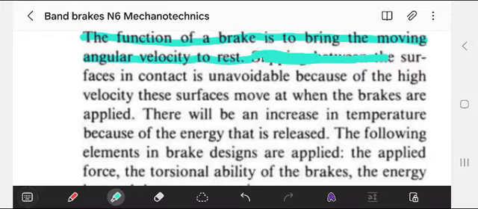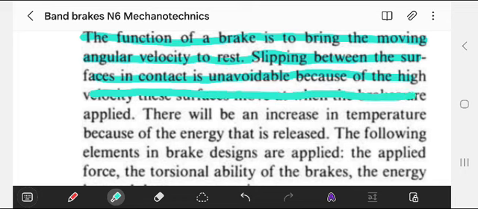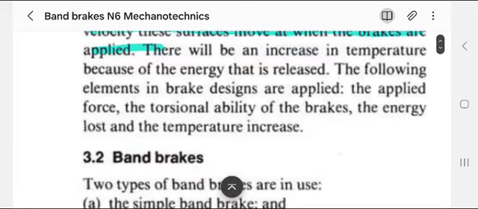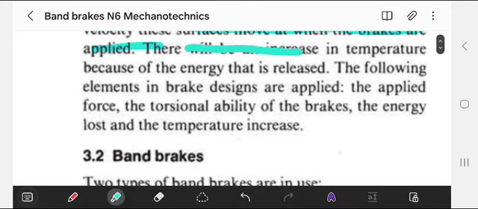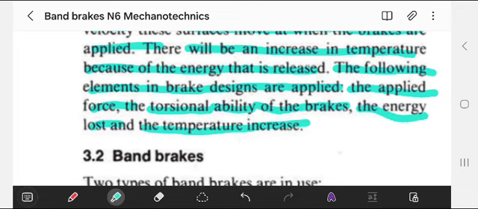Slipping between the surfaces in contact is unavoidable because of the high velocity these surfaces move at when the brakes are applied. Okay, it will increase the temperature because of the energy that is released. The following elements are applied in brake design: the applied force, torsional ability of the brakes, the energy loss, and the temperature increase.